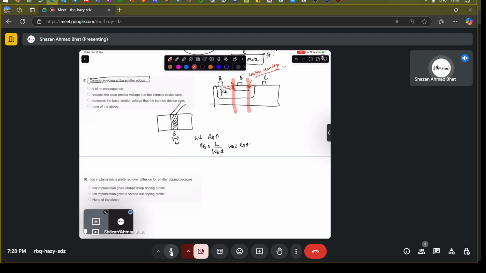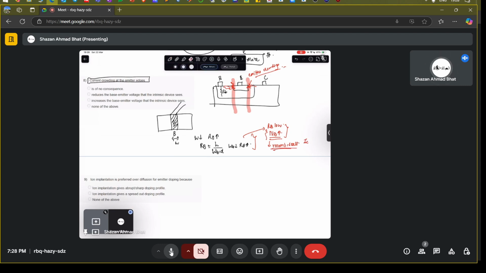And for this reason, you want the base resistance to be low. But for that, you have to dope the base region. That means you have to increase the doping of the base region. And again, if you go on increasing the doping of the base region, you will have recombinations, you will have scatterings and other things of the electrons. So it is going to impact the output current.